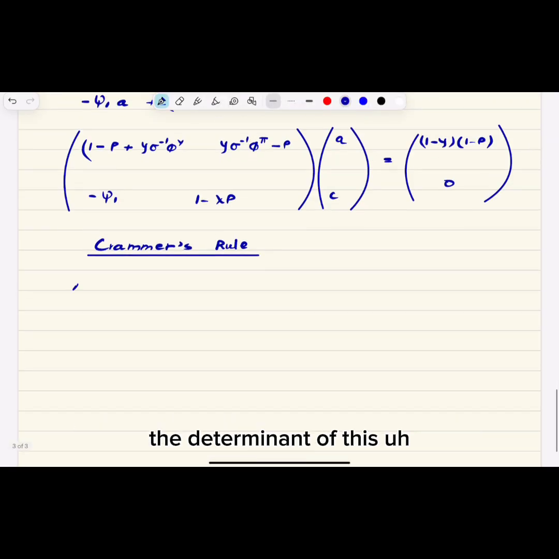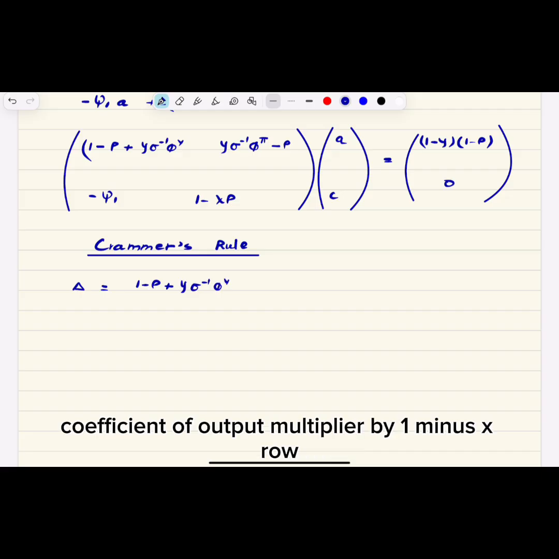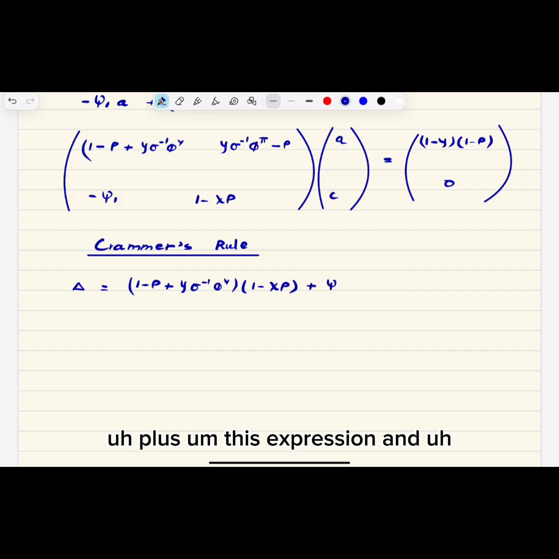Okay, the determinant of this matrix is 1 minus rho plus gamma inverse of sigma, the coefficient of output, multiplied by 1 minus x rho plus this expression and this expression.